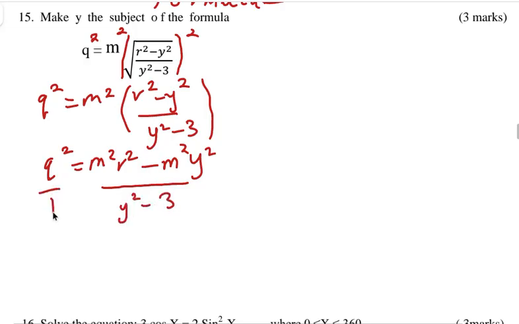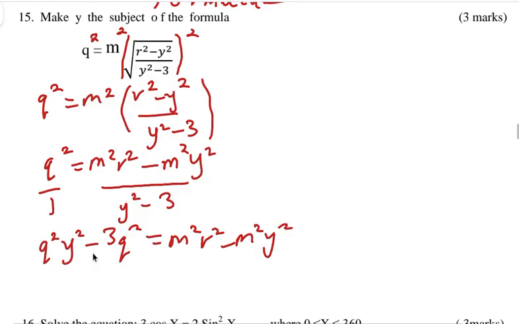So afterwards, nitazi multiply, so itakuwa q squared equal to m squared r squared minus m squared y squared all over y squared minus 3. And then sasa cross multiply, so itakuwa q squared y squared minus 3q squared equal to m squared r squared minus m squared y squared. After that you collect zile ambazo ziko na y.